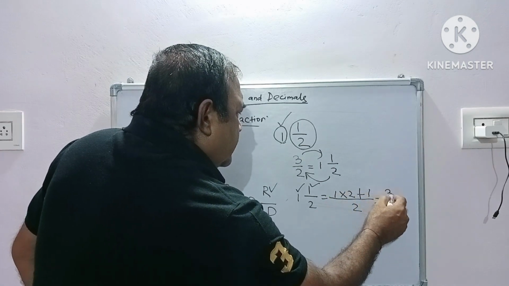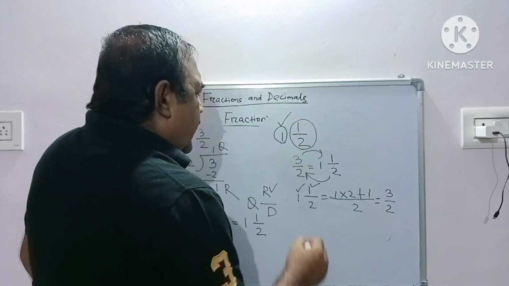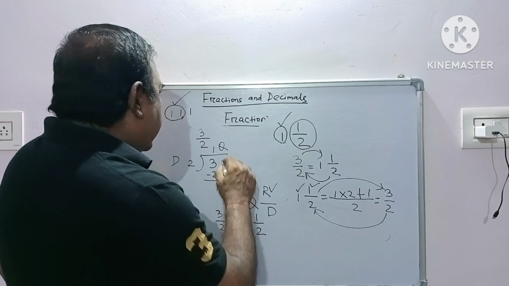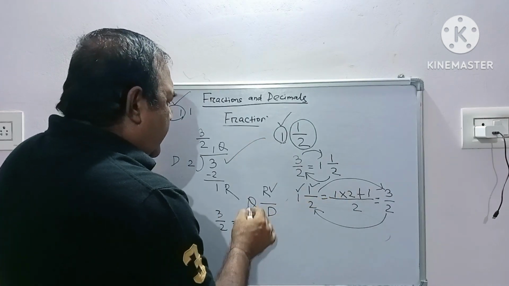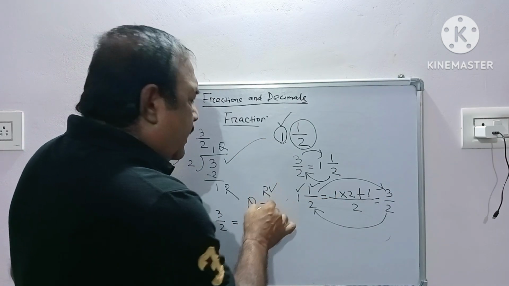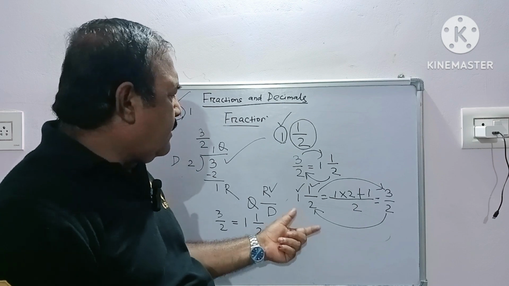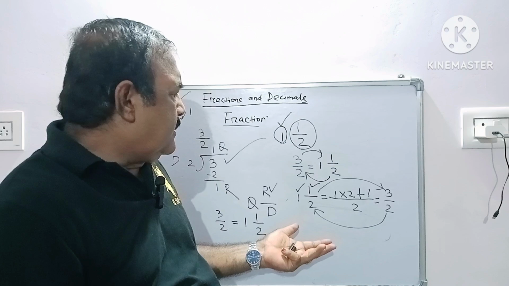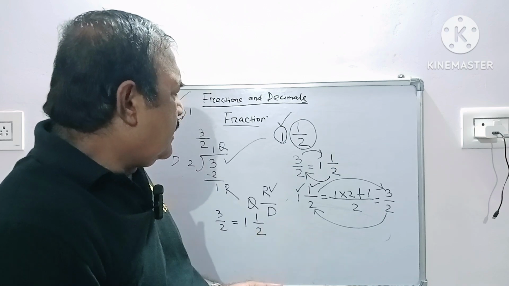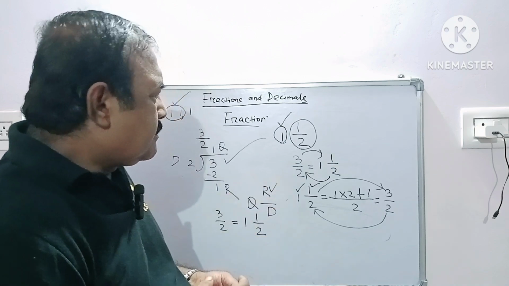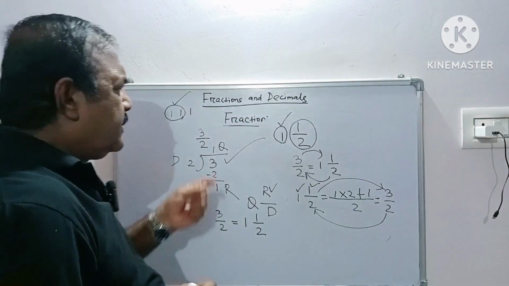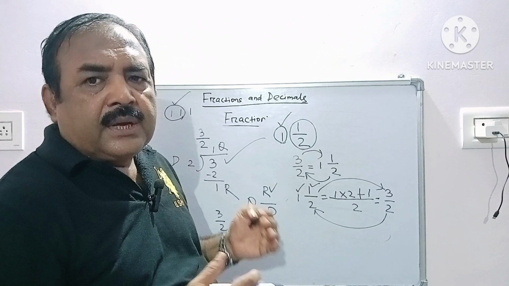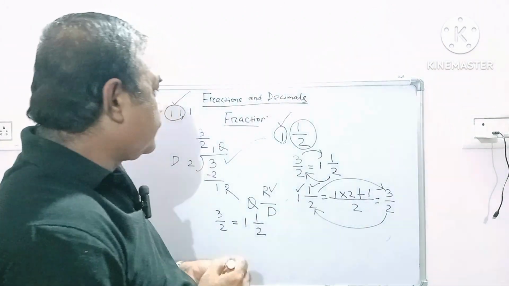So 2 plus 1, that is 3 upon 2. And from this we can get this, by dividing and writing Q whole number and R upon D. So we can interchange like this.